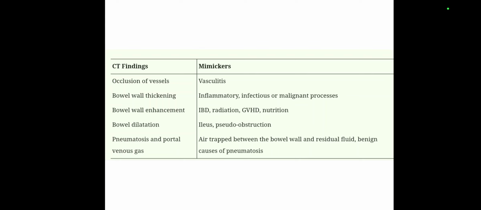Bowel dilatation we can also see in ileus and pseudo-obstruction. Then pneumatosis and portal venous gas can also be a benign finding in case of asthma, emphysema, or if there are any intra-abdominal procedures done.